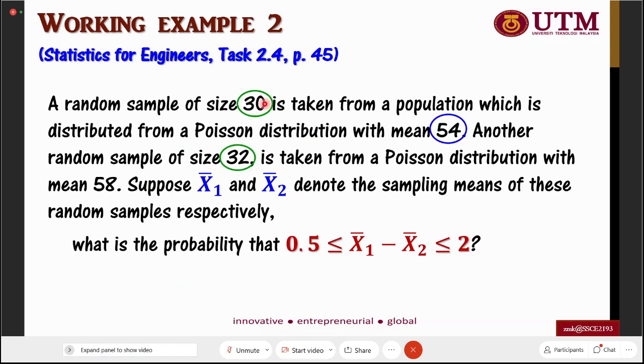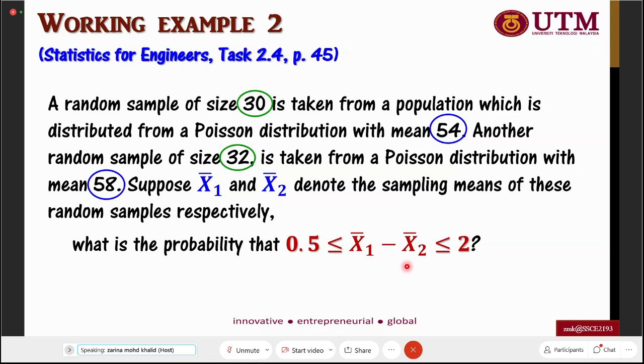So how are you going to get the probability of X bar 1 minus X bar 2 from 0.5 to 2? Again, use the fact that you sample from a non-normal distribution and the sample sizes are large, then the difference between these two sample means will be normal as well.